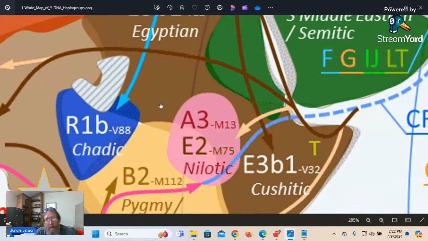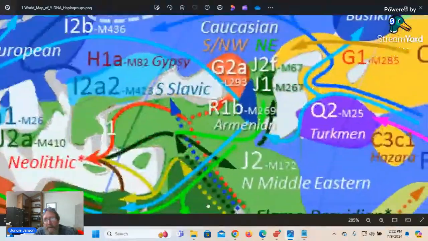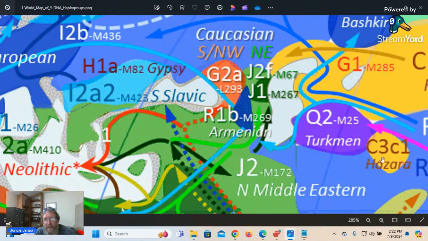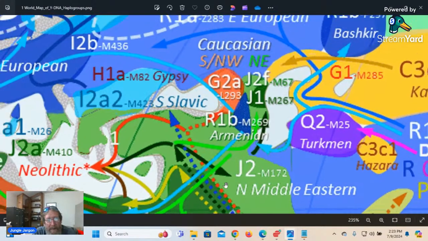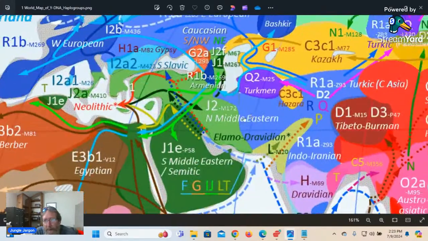So we have the A and the B, and then branching off from the A and the B is the C, which is the descendants of Nimrod. So that's how I was able to determine those, but I kind of waited till later to figure those out.